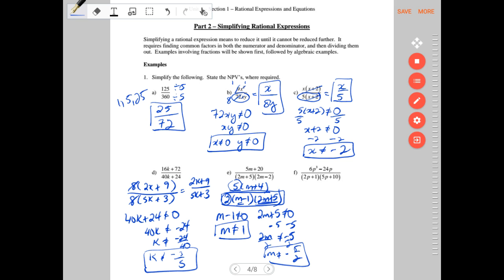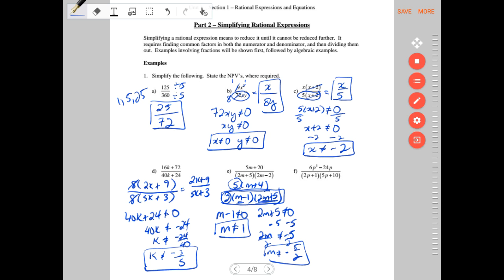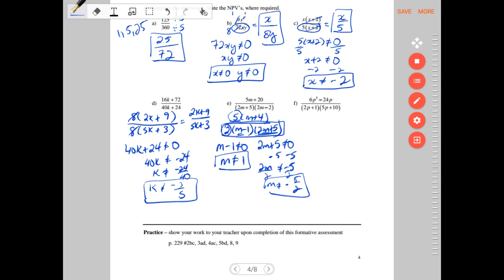Good. So last example, and then you guys are off to do some work. So again, the numerator can be factored, so I can take out a 6p, and I am left with p squared minus 4 on the top. On the bottom, I have 2p plus 1. I can factor out a 5, and I would be left with p plus 2.